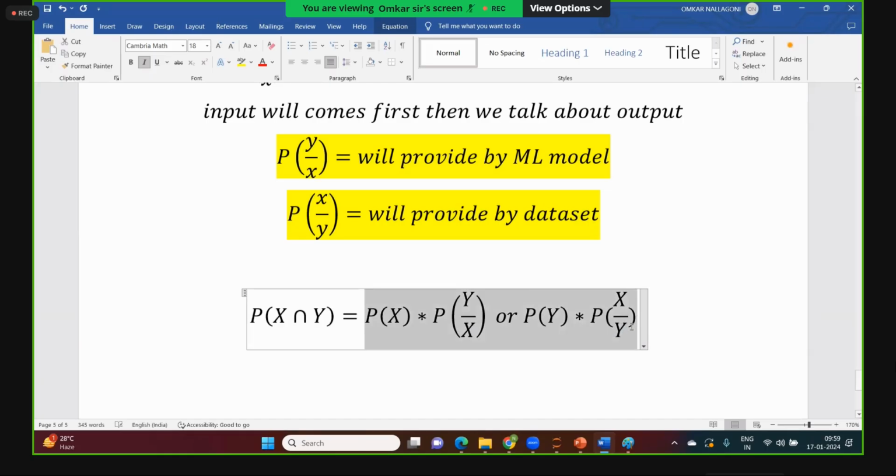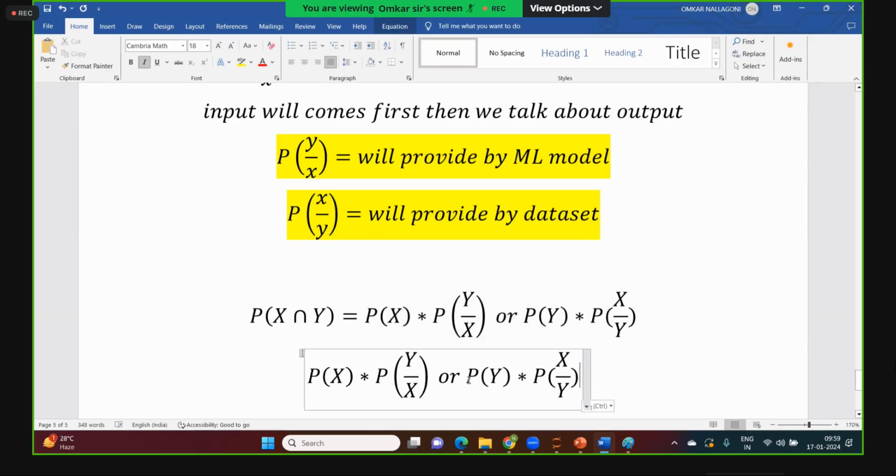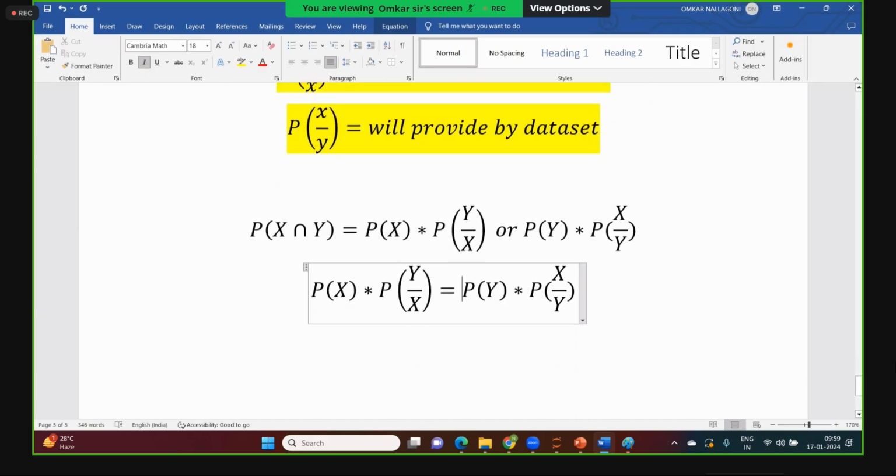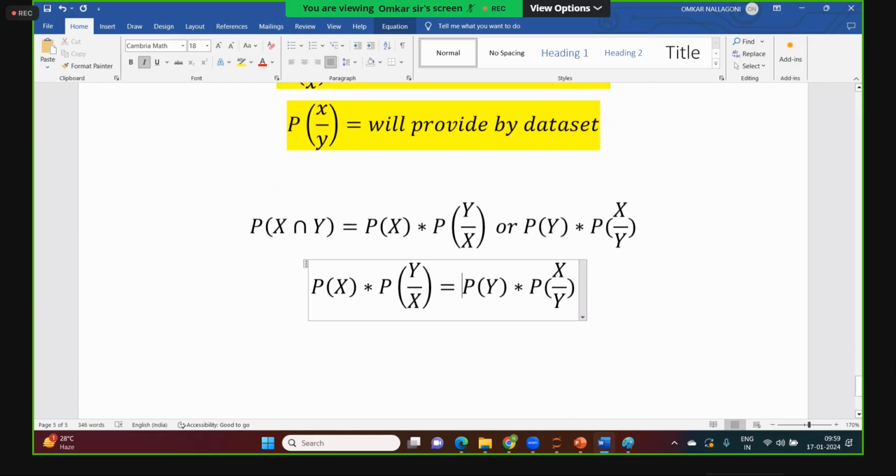Now, if both are the same formula, I am writing it like this, equal to. Which one do you want in this, P of Y by X or P of X by Y? You want P of Y by X, right?